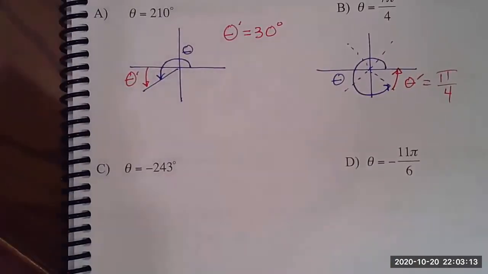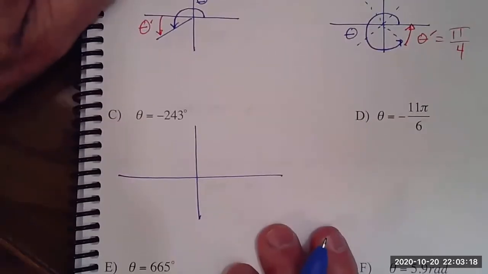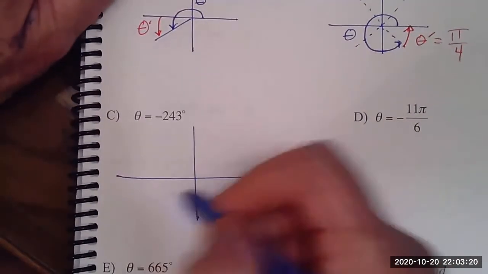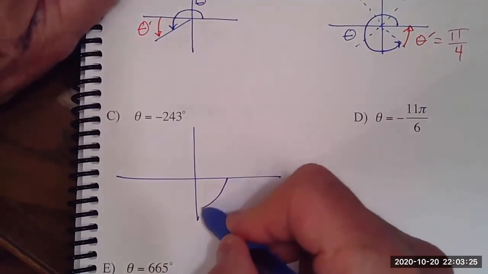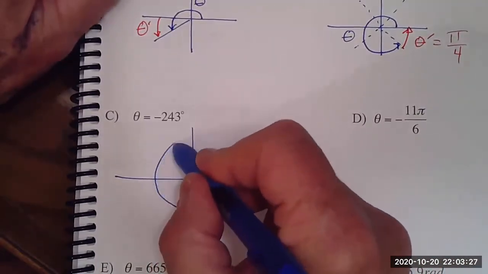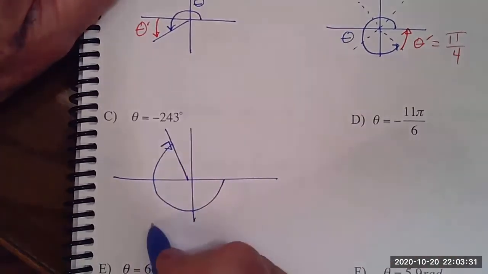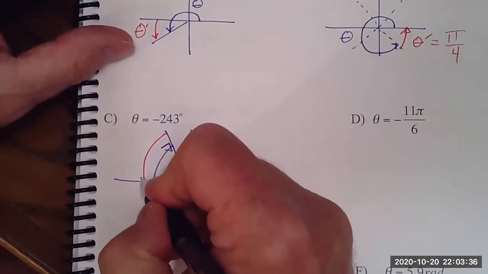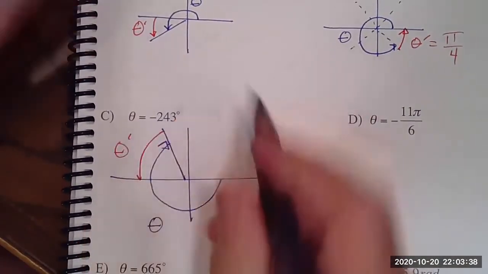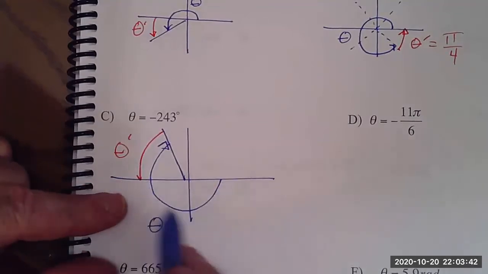Okay, negative 243 degrees. I've got to go this direction. This gets me to negative 270, so I'm going to go right about there. That's my theta. This is theta prime right here. Here's 180 negative degrees, and 180 degrees goes right here.